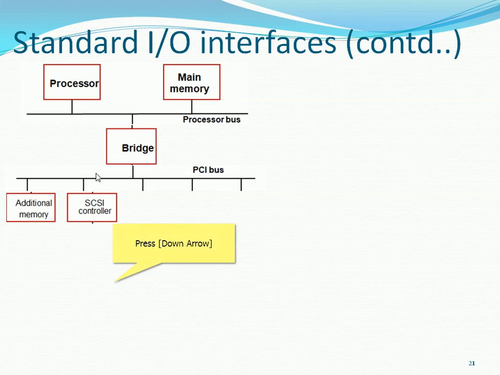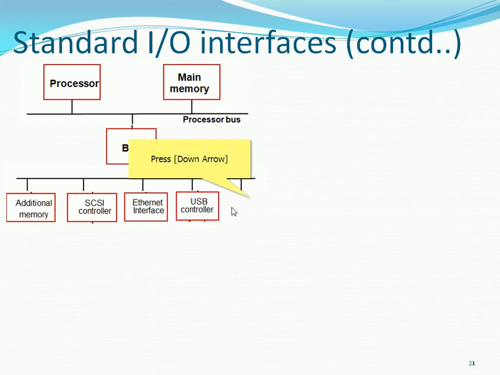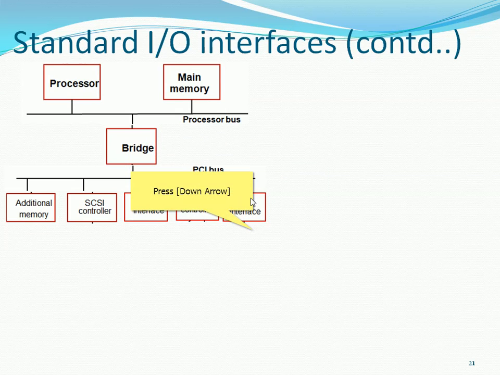The SCSI controller has a SCSI bus, which will communicate with small devices. We can connect them in a daisy chain fashion, and the last one will be a terminator. The Ethernet card or VGA card we can interface, and the USB controller we can put. For the ISA interface, as we said, IBM developed their own architecture, that is an expansion bus.